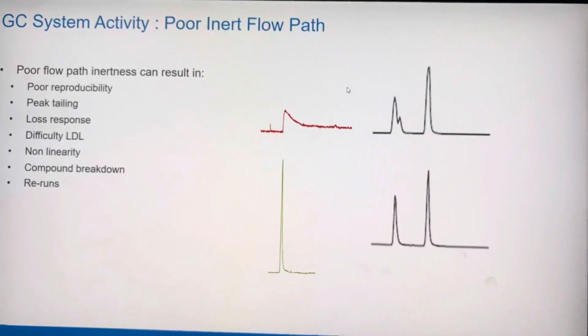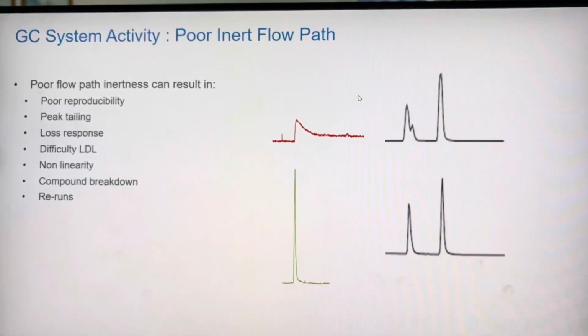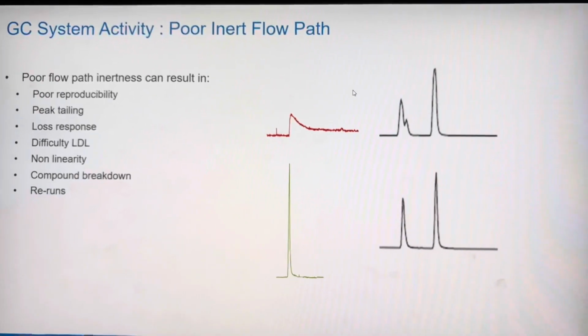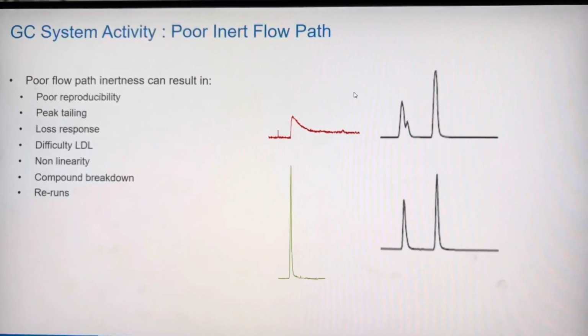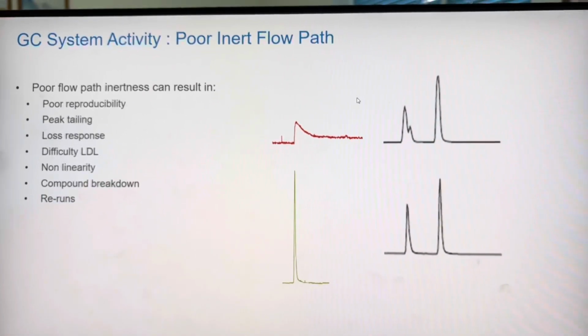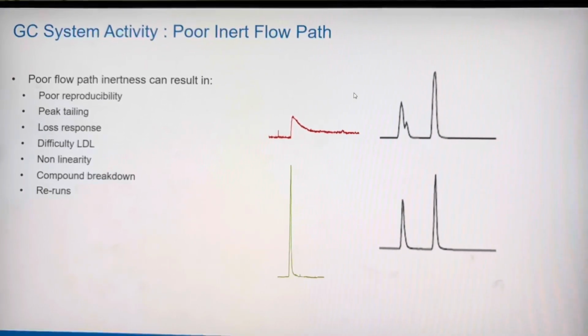Eventually it leads us to rerun our samples, which costs us time and money and reduces our lab productivity. That's the reason each one is a very important element for our GC analysis.